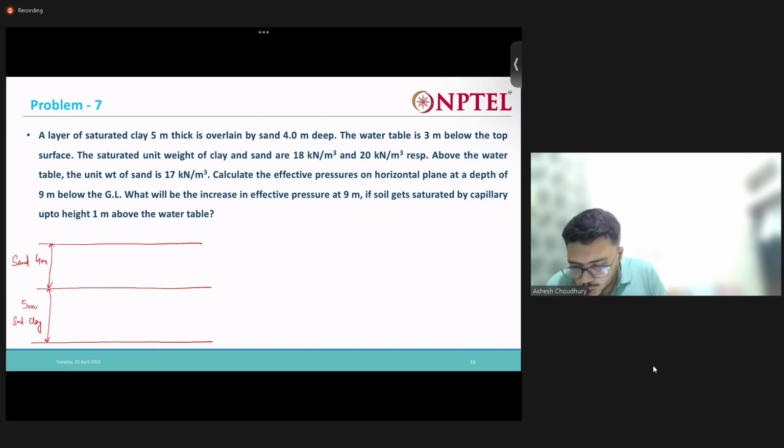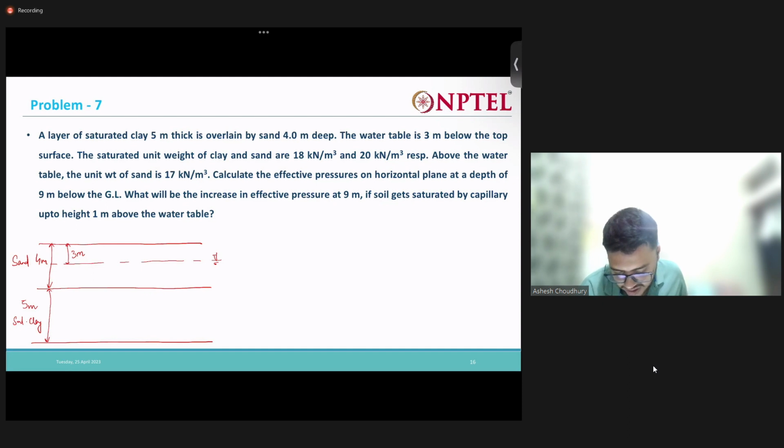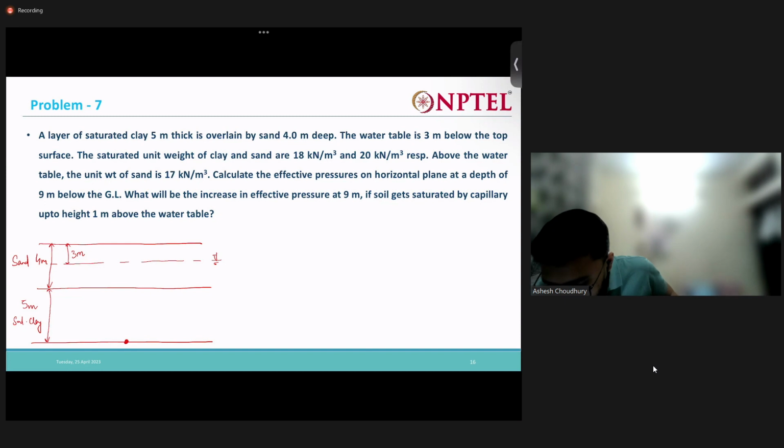The water table is 3 meter below. So the water table is somewhere here. The saturated unit weights are all given. We need the effective stress at a depth of 9 meter below the ground level. So here we need to find out the effective stress.